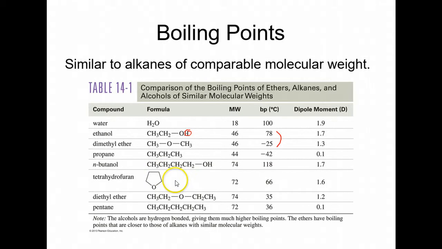With a cyclical structure you have the same number of atoms, but it's a little bit more planar. So these molecules can pack on top of each other a lot better than they can in a straight chain. Because of that packing effect, you can form more van der Waals forces, therefore increasing the forces in your molecule and increasing the boiling point. So that's a good example of showing that.